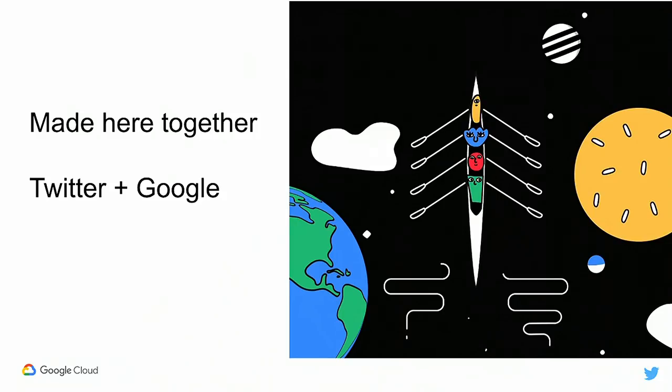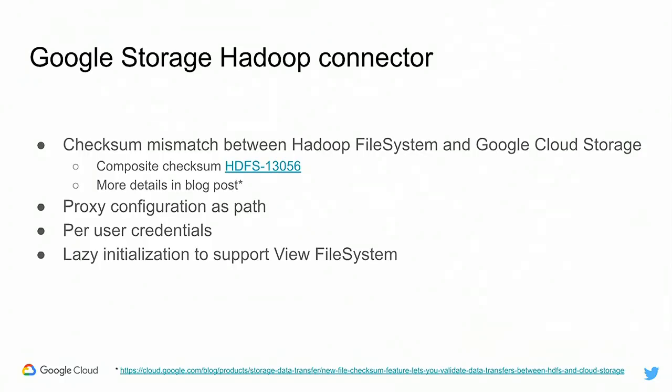While we were testing this out and doing some iterations, there were a lot of enhancements for the Google Cloud Hadoop connector. For example, when we started off, HDFS had a different checksum than GCS.